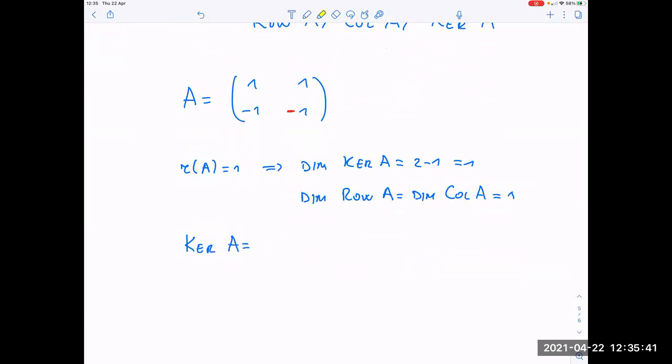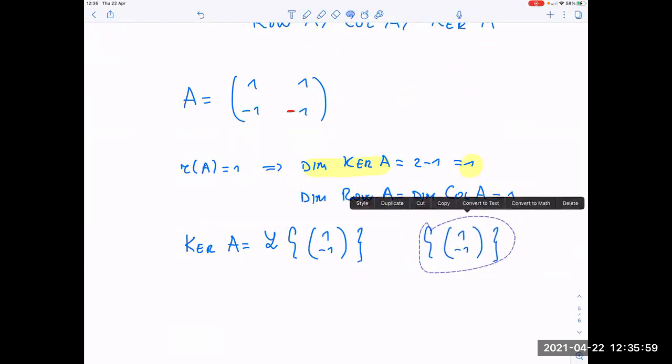And since the dimension is 1, I just need to find one solution, which is not the trivial solution, the 0,0 solution, and it will be a generator. So here is the kernel, and this is a basis.